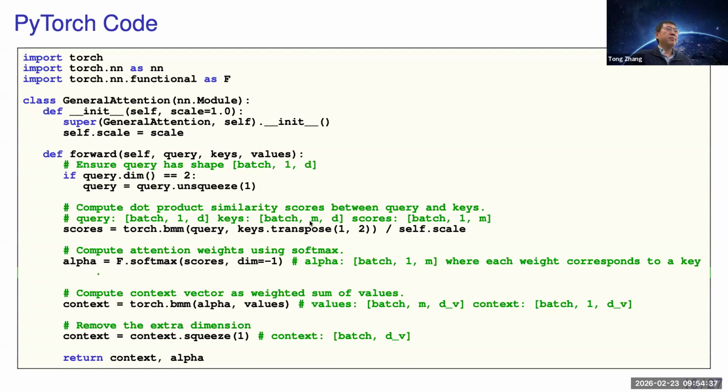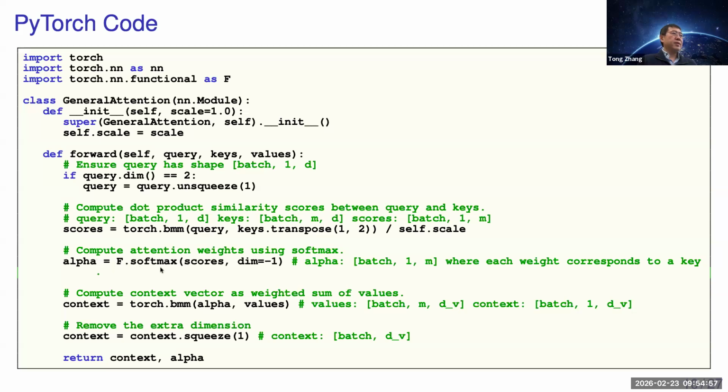Then there are M keys, with D dimension. So you do a transpose, making D the inner dimension, then a matrix multiplication. Essentially, it's an inner product sum. And then you have a scale. This is a scaled dot product.